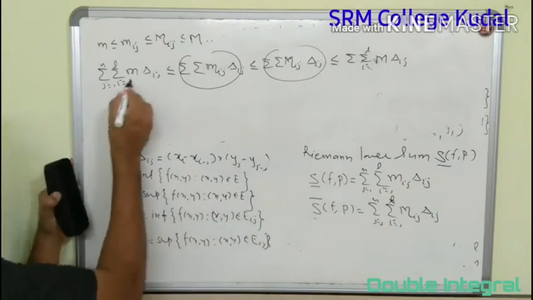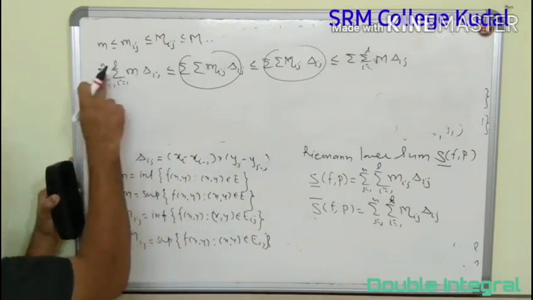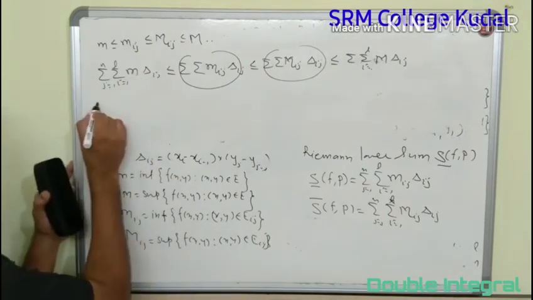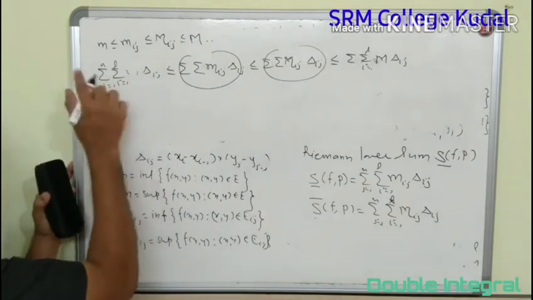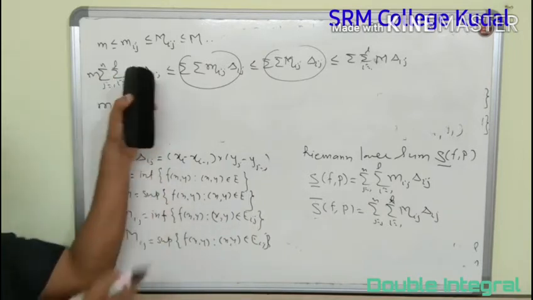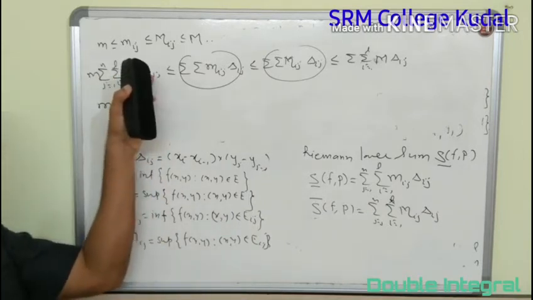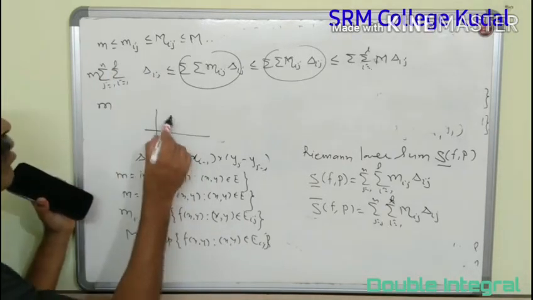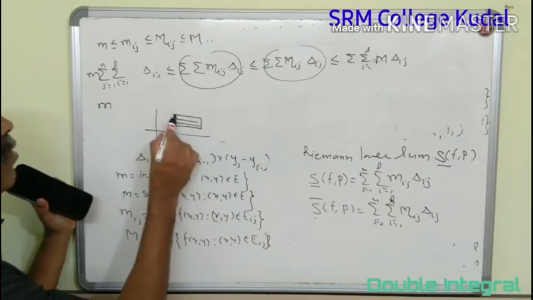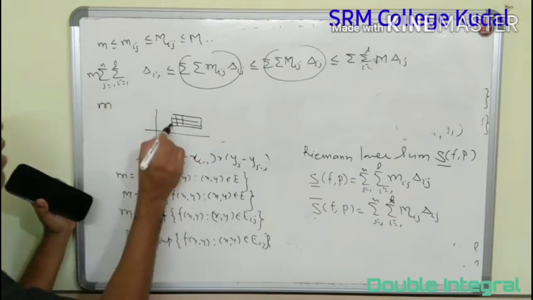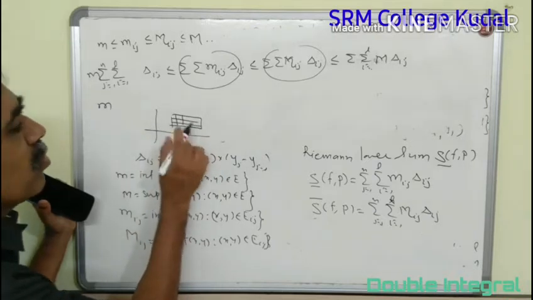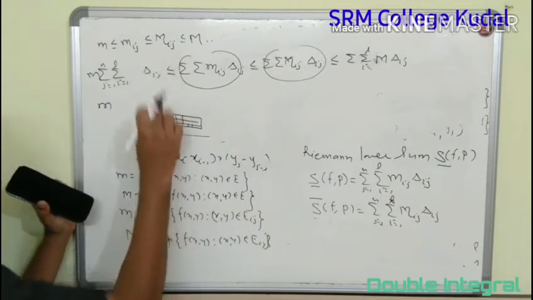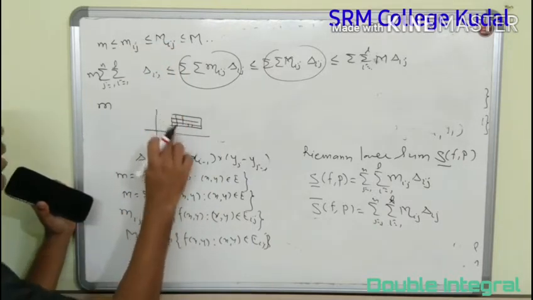Finally, small m has nothing to do with this summation, so it can be taken outside. And what is this delta ij? It is the area of any ij subrectangle. If this is the rectangle and these are the subrectangles, then as you go on varying i you are considering all these subrectangles, and as you go on varying j you get all these rectangles and their areas.